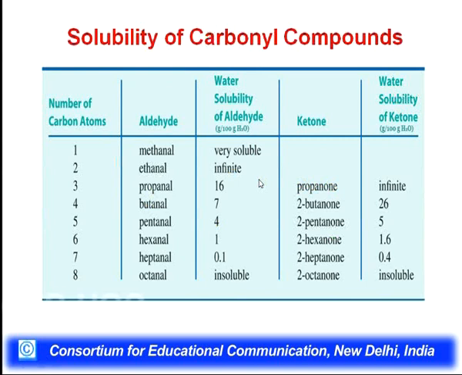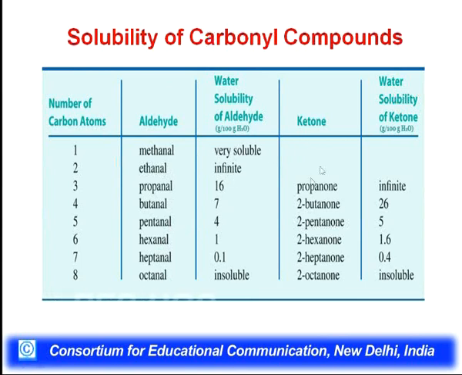If we talk of methanol, it is very soluble, ethanol is also very soluble, but this solubility, in grams per 100 grams of water, is 16 grams for propanol. And octanol is not soluble in water. So what I'm trying to tell you is that as the hydrocarbon part increases, the solubility decreases.